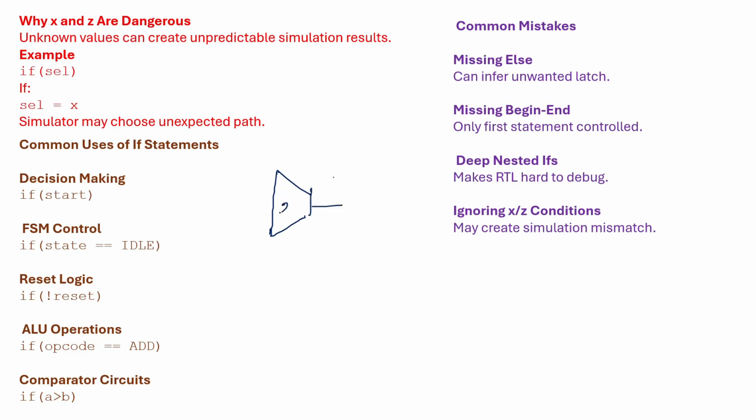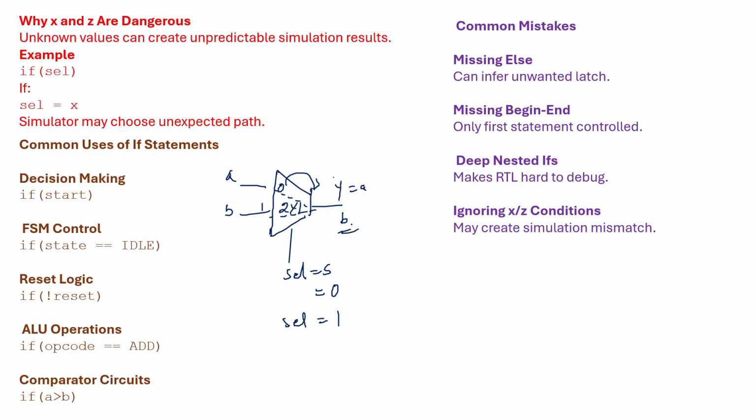In this 2 by 1 mux I am taking two inputs A and B and one select line S. Okay, and I will get one output based on the select line. If select line is 0, I will get output A. Okay, my output is connected to A. And if select line is 1, I will get the output B.